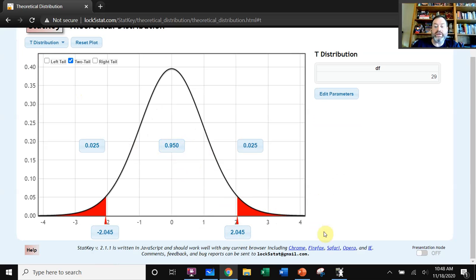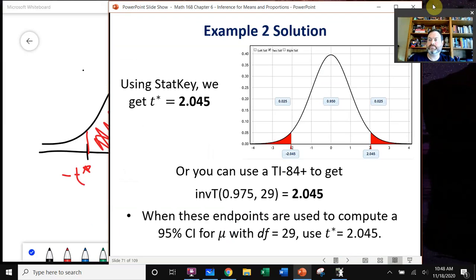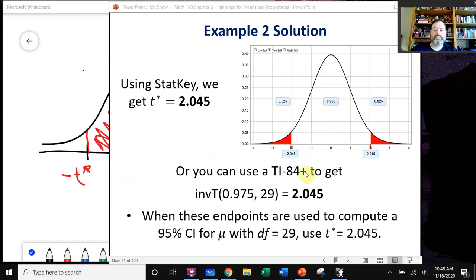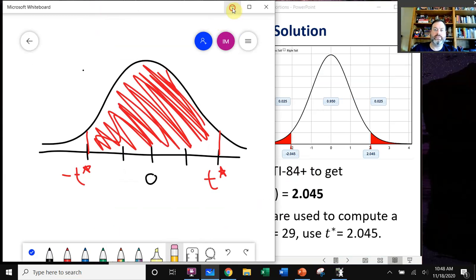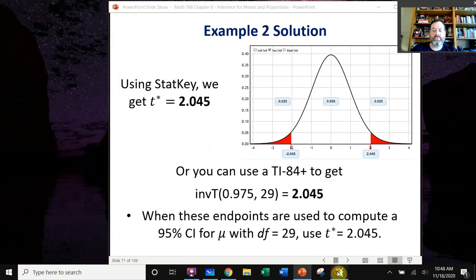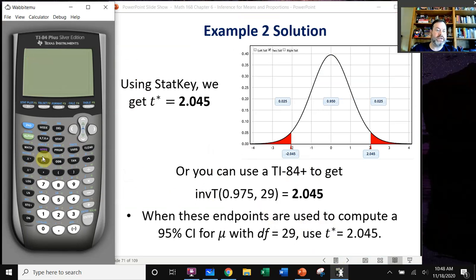So this looks really similar to a normal distribution, right? Or you can use your calculator. If you have a TI-84, again, instructions are in the PowerPoints. Down here, it's just inverse t. You have to type in the area to the left. So we want this t star or this minus t star.